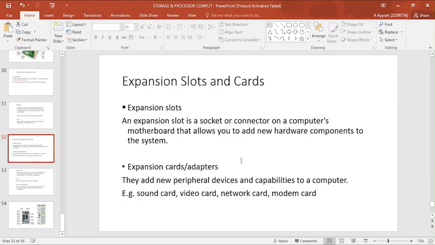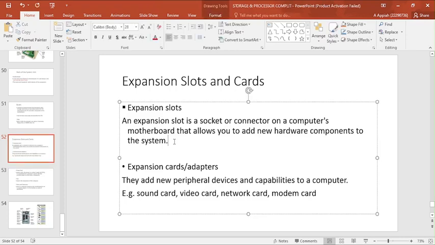It can allow you to add or slot in a sound card or video card, especially for those who like playing games. So these slots are provided to allow us to add new hardware components like the RAM and other cards for, if you like to say, high performance functioning of your computer.